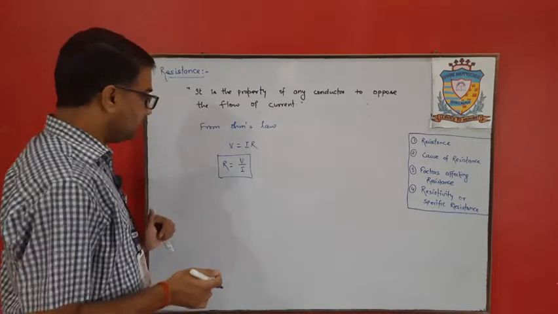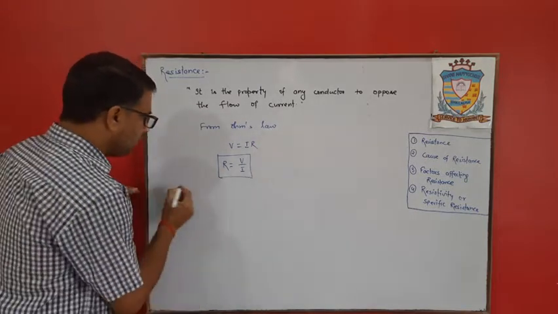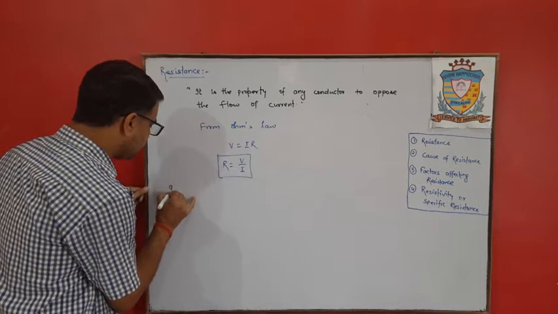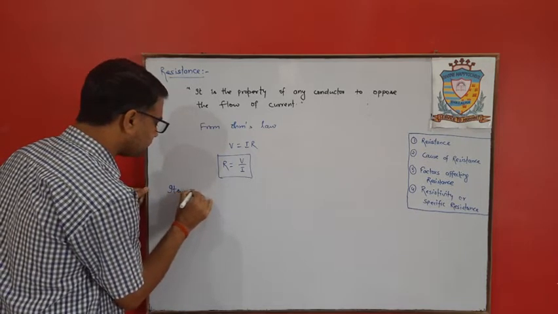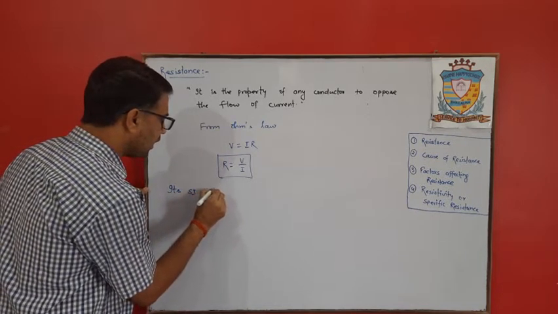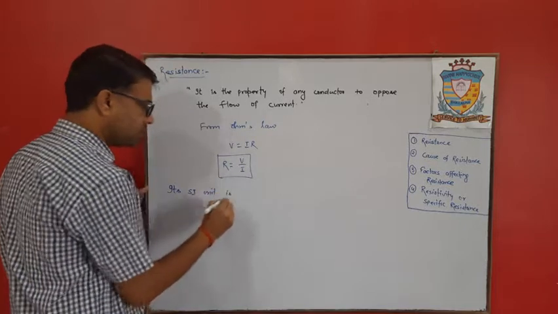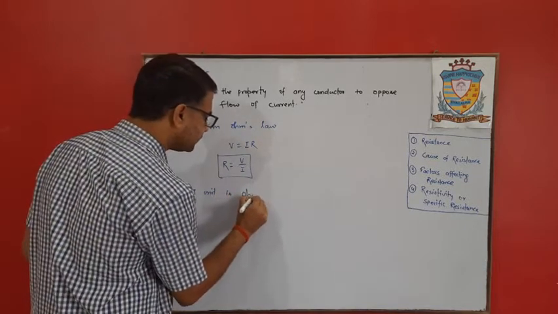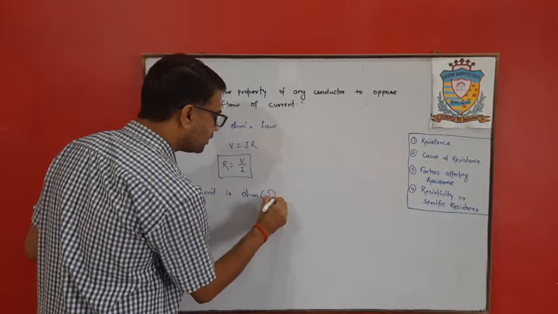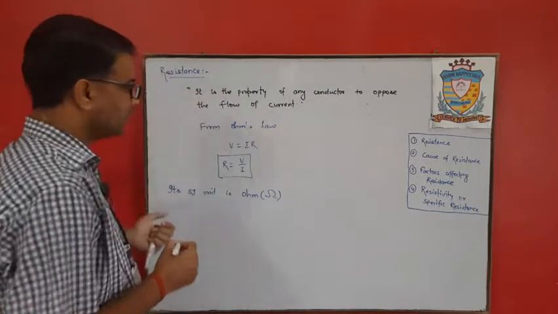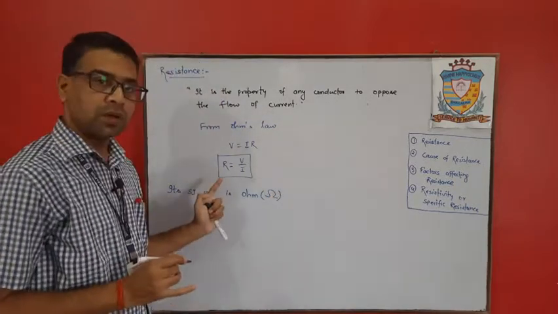Clear? Now its SI unit is ohm. It is represented by the symbol omega. Now, can we define 1 ohm?